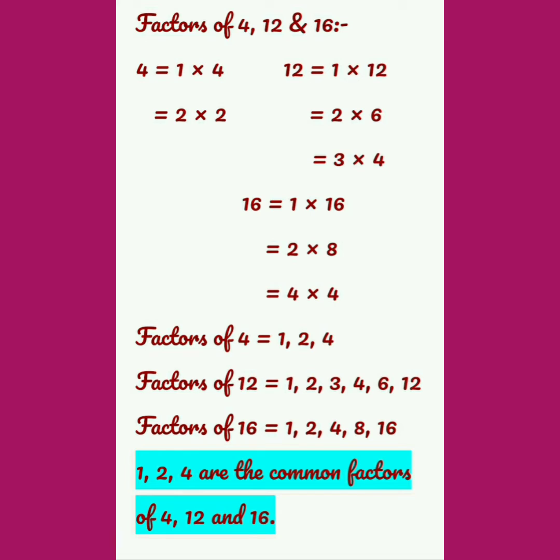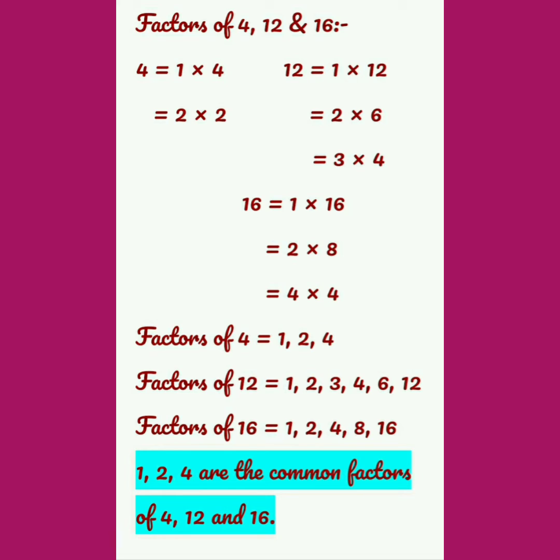Now here we see 1, 2 and 4 are the common factors of 4, 12 and 16. 1, 2 और 4 तीनों के factors में आ रहे हैं, ठीक है? Right? I hope it is clear. It is very easy. जो सब में आता है वो common रहेगा, ठीक है?